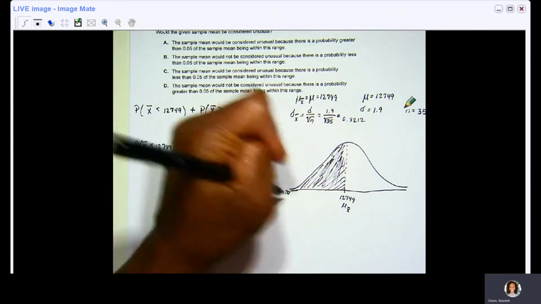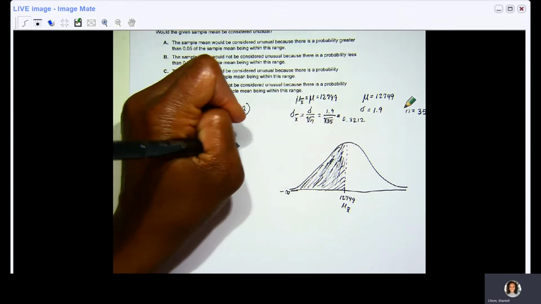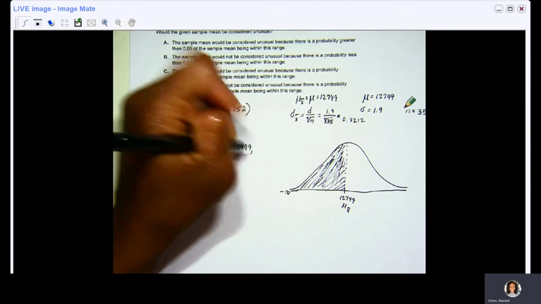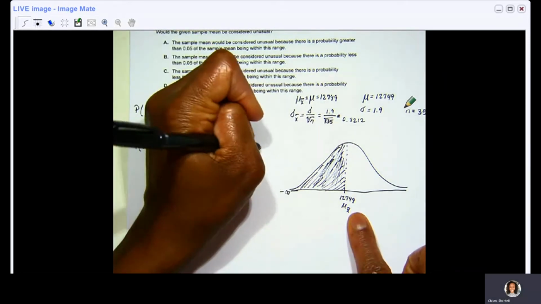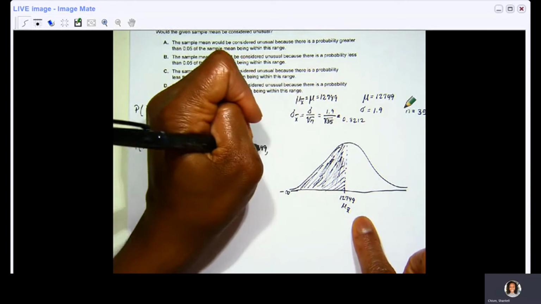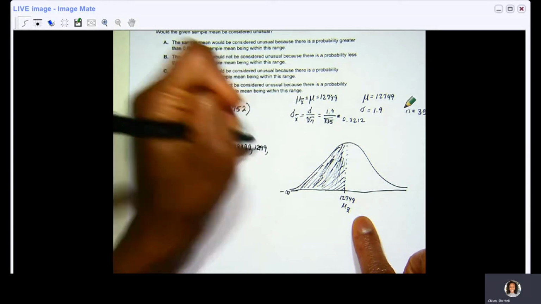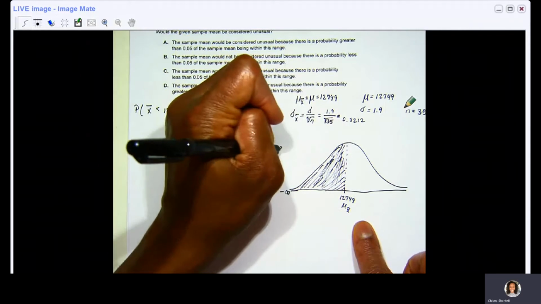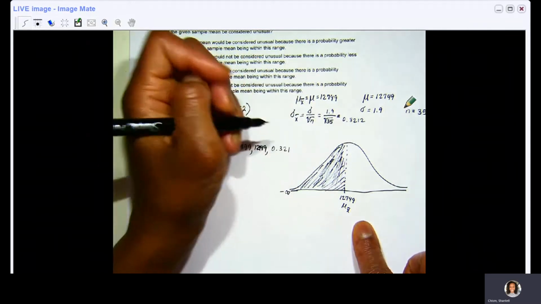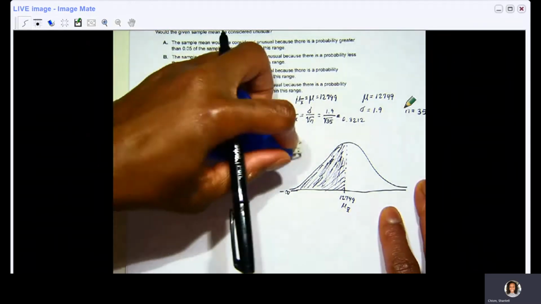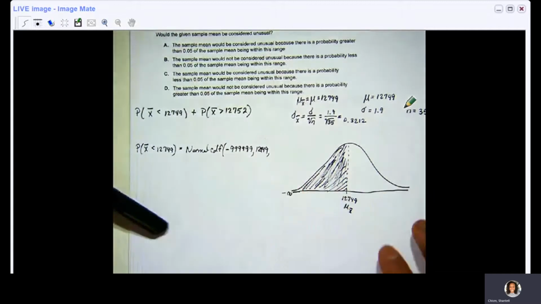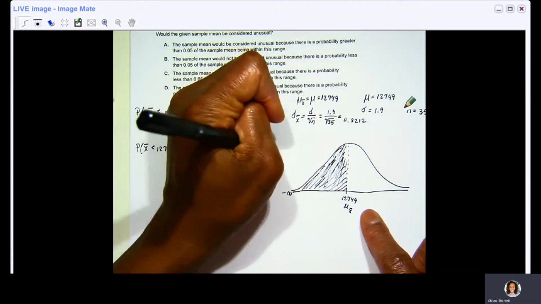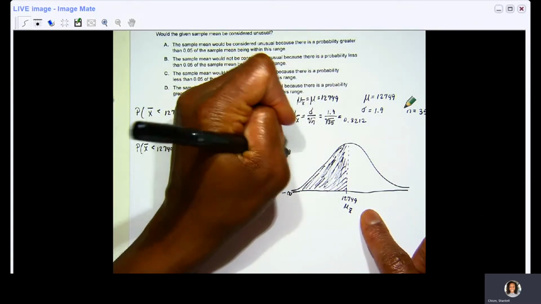The lower bound, because it's approaching negative infinity, is negative 99999. The upper bound is the 12,749. And our mean is the 0.3212. Nope, I'm sorry. Our upper bound is the 12,749. Our mean is also the 12,749.